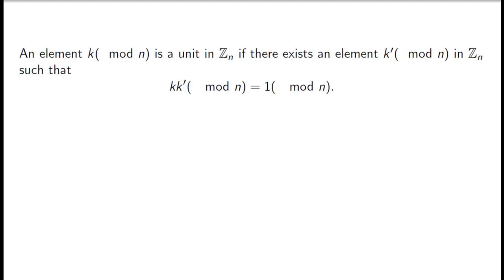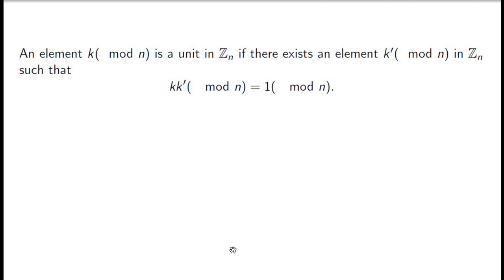First of all, let us see what we mean by a unit in Zn. An element k mod n is a unit in Zn if there exists an element k dashed mod n in Zn such that k times k dashed is equal to 1 mod n. That is, if there exists an inverse with respect to multiplication mod n.